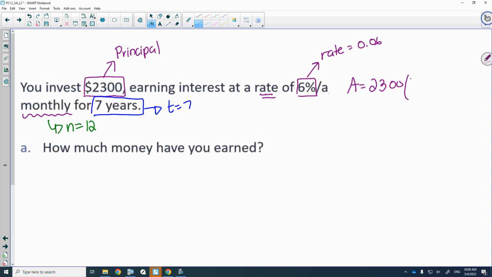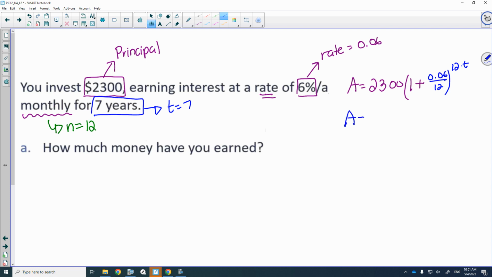So it's going to be 1 plus whatever your rate is, divided by the number of compounding periods. We're going to get interest 12 times a year. And then it's going to be n times t, which is 12 times a year, times however many years. And I'll just put t here for now.